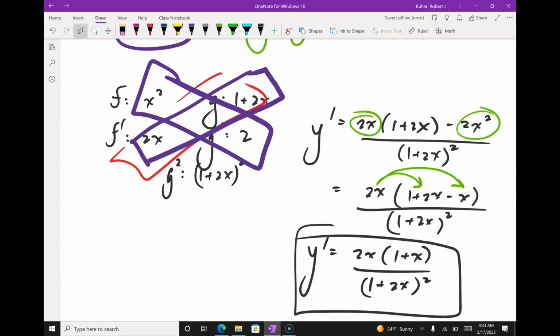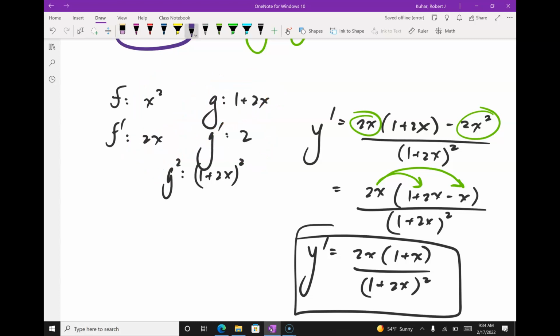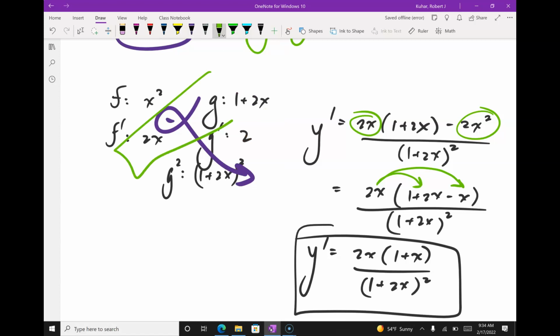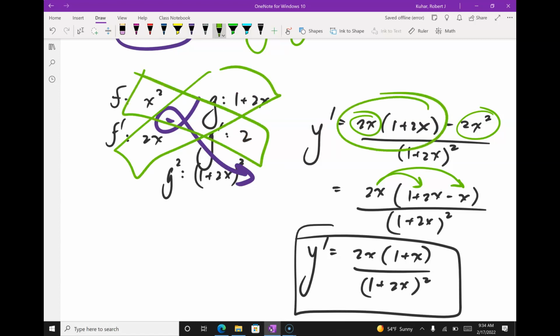Is that Ian? Yeah. You with me? Okay, so I've got a product rule, right? That's this loop, yes? So I'm multiplying these two factors together. There it is. Minus these two factors together. There it is. Right? That's the rule.